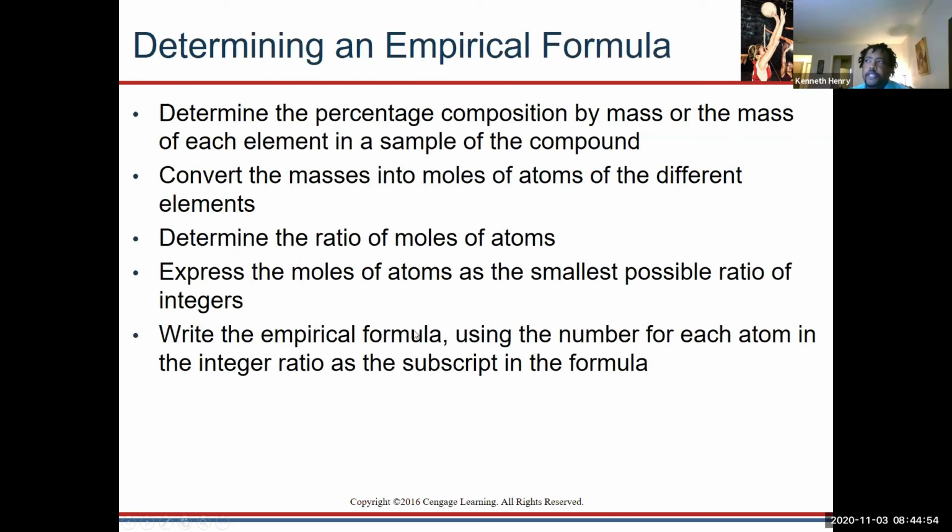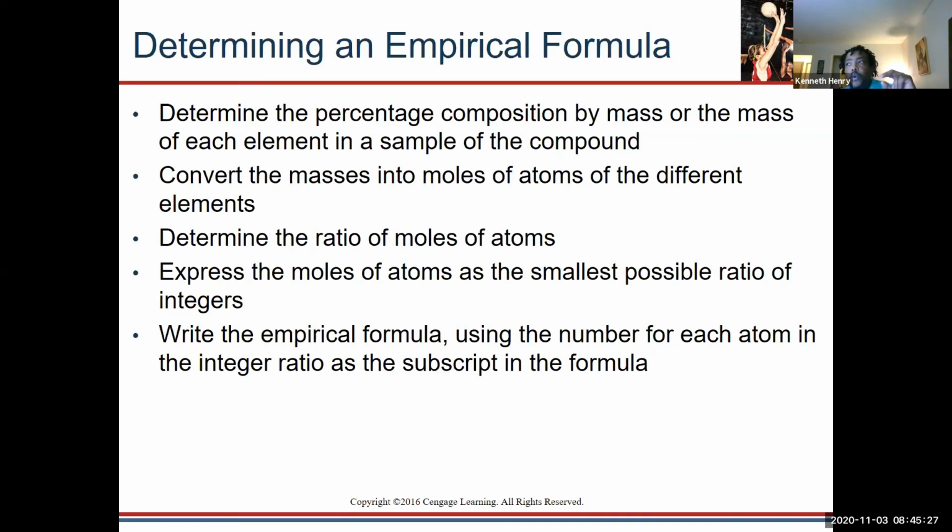When you're determining the empirical formula, we're going to be using mass composition, and mass in general. If we're using mass, the first thing we want to do is convert into moles, because we want to compare the quantity of atoms to each other, not the mass. Moles are a quantity, right?